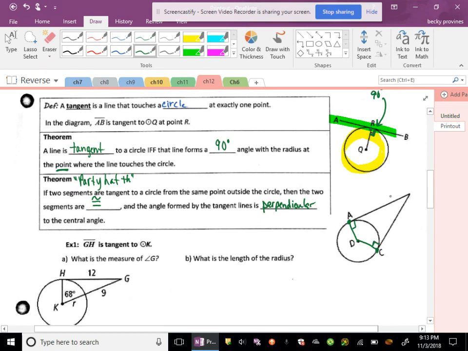Now, over here, these two lines, these are considered tangent lines because they touch at one point. And if they extend and meet at this point out here and intersect, those two segments end up being equal. So these two yellow sides are equal.